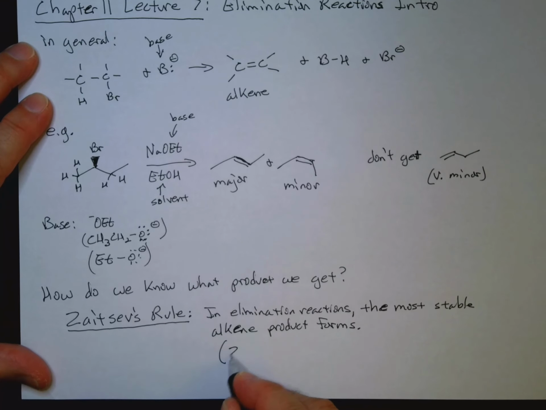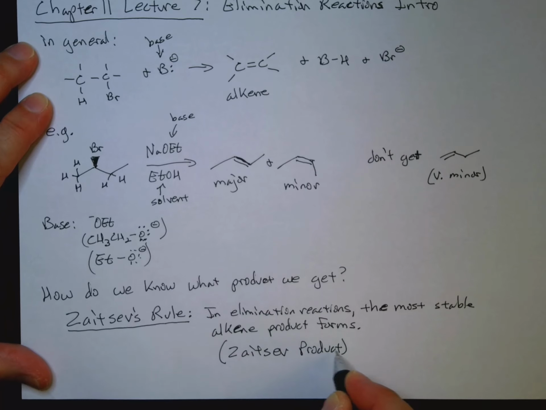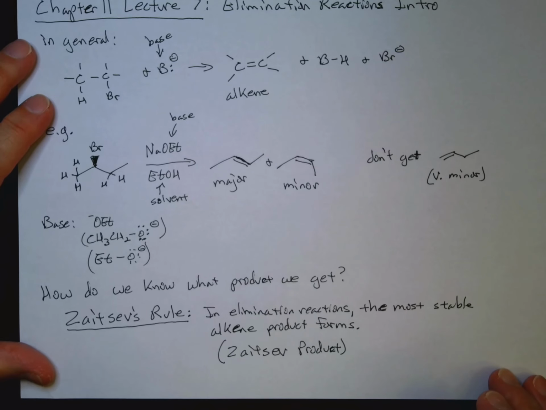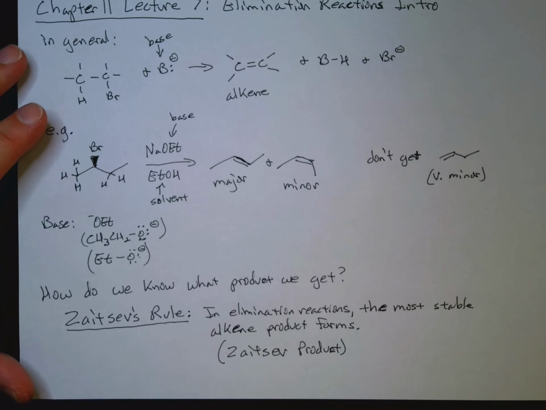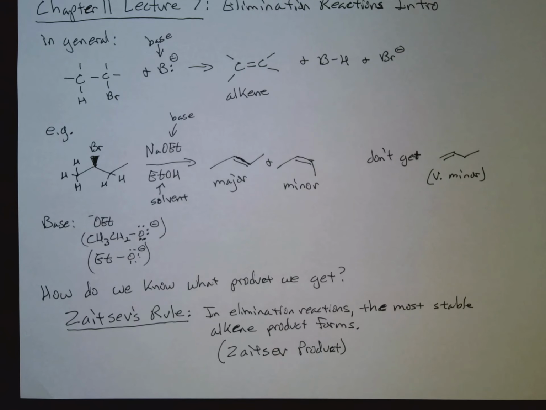And we will often refer to that as the Zaitsev product. We'll see that there are some ways to get a less stable alkene, and we'll talk about that in a little bit.